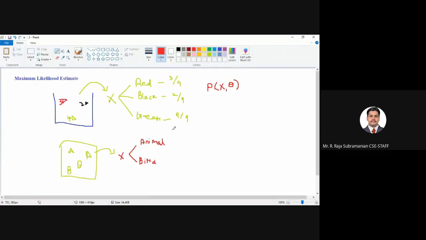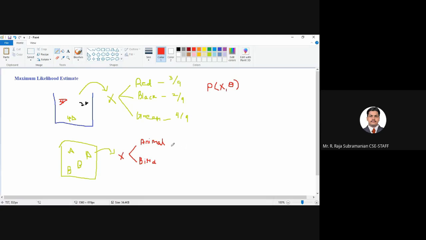Here I can represent this as a number itself because the whole sample size is available to me. But in machine learning, a model has been put inside. The model has to recognize how many animals there are and how many birds there are. The model has some knowledge on how to identify animals and birds.